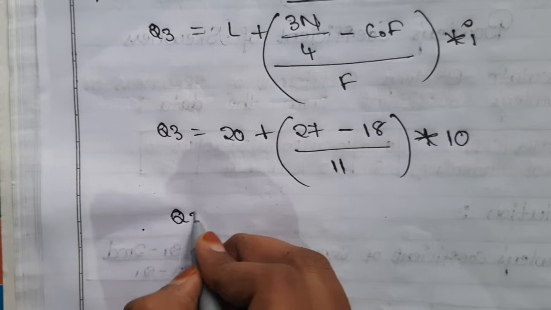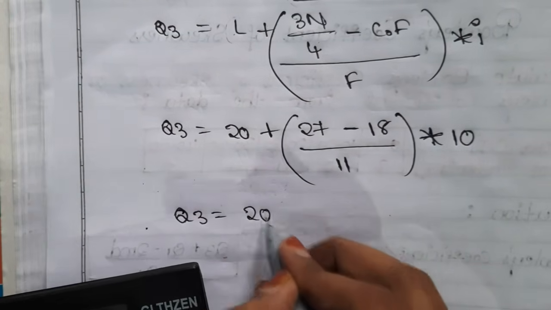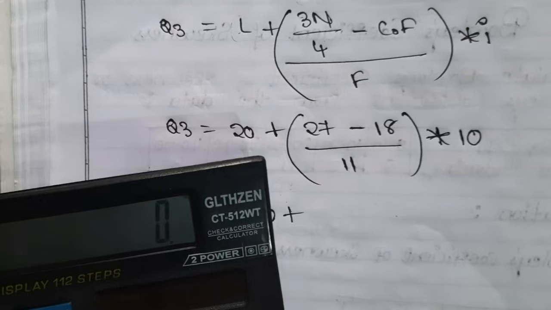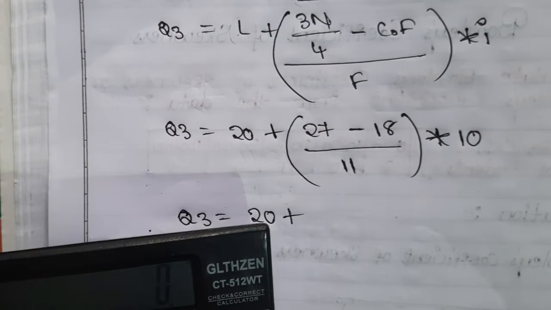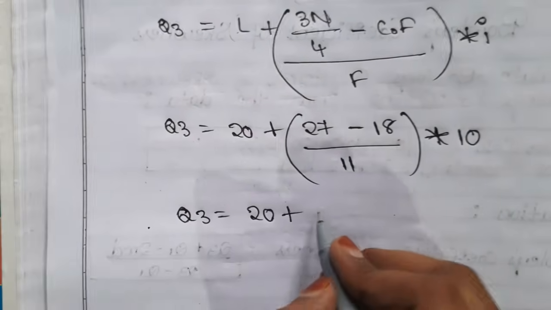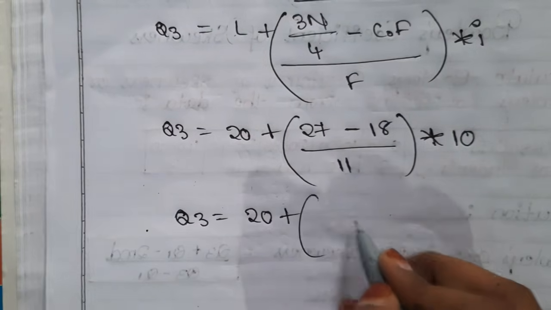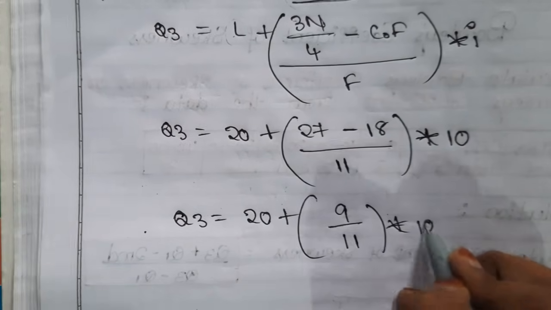Now you just do the calculation. You take 20 plus 27 minus 18. 27 minus 18 is 9. So 9 by 11 multiplied by 10.